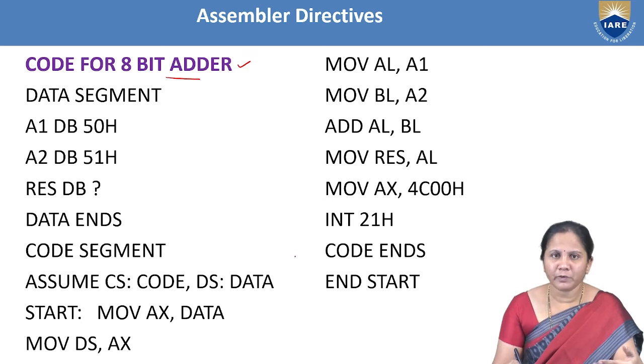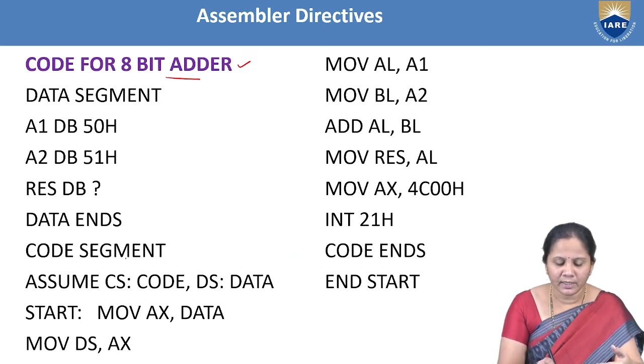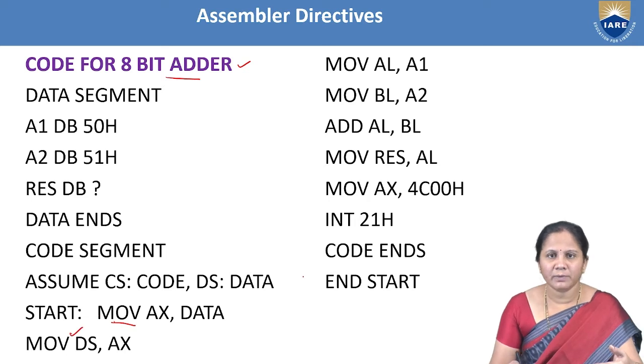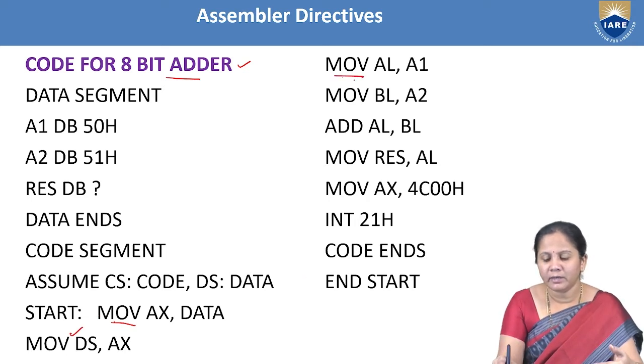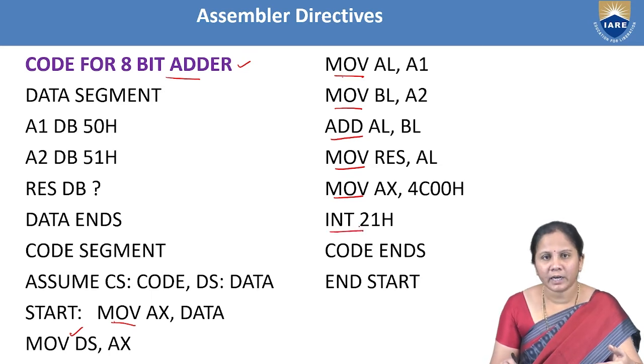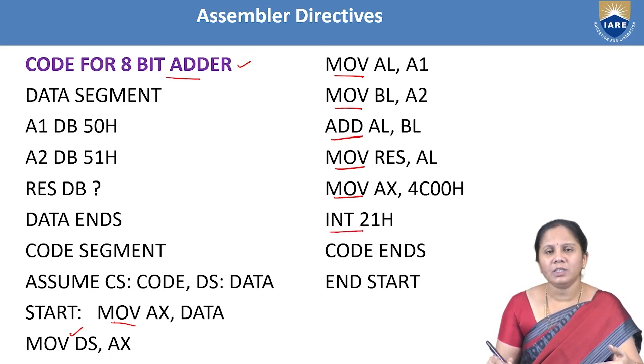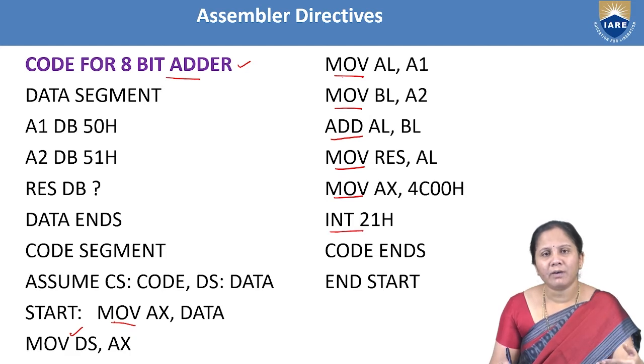In this program, we see instructions like MOV, and for this line also there is a MOV instruction, and here a MOV instruction is used, and the next line an ADD instruction is used, and again MOV instructions are used, and here the INT interrupt instruction is used. So all these are the instructions that are available and we have studied in the instruction set of 8086 microprocessor.